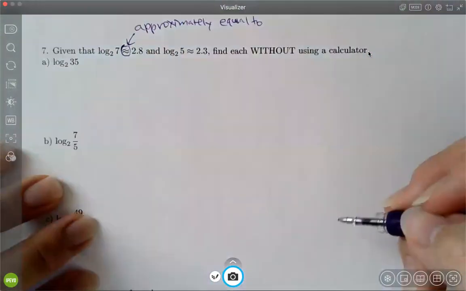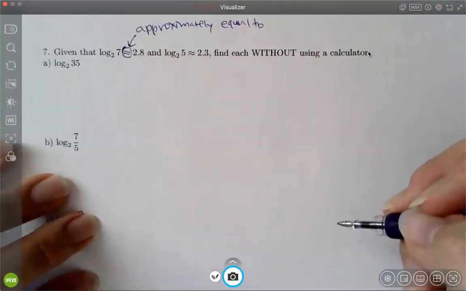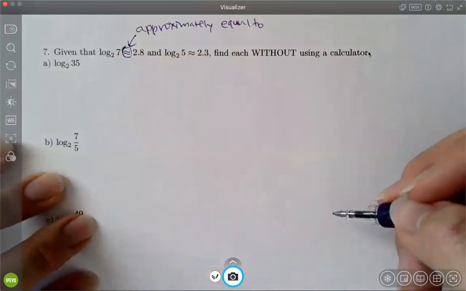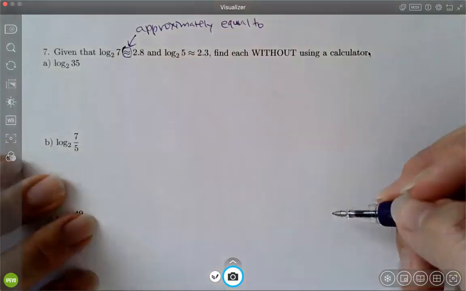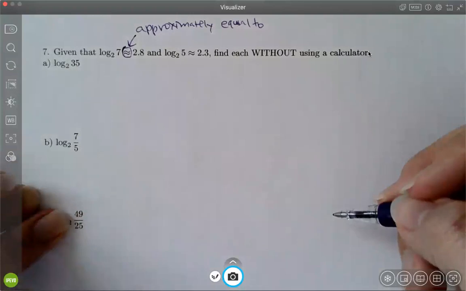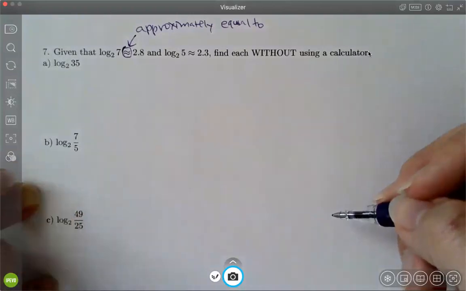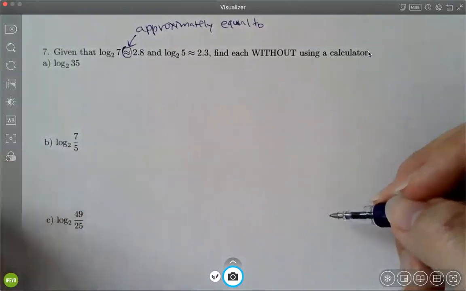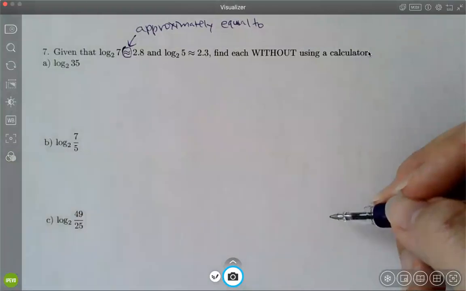So the log 7 is not exactly equal to 2.8, but it's roughly equal to 2.8, right? And similarly, log 5 is roughly 2.3. So given those two numbers, find each without a calculator. Part A, log 2, 35.